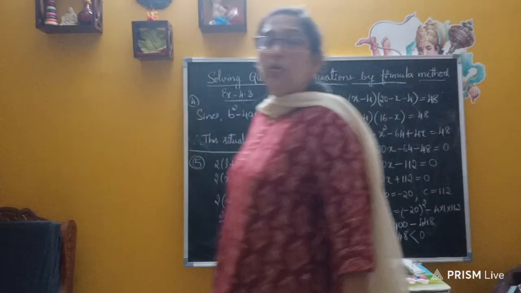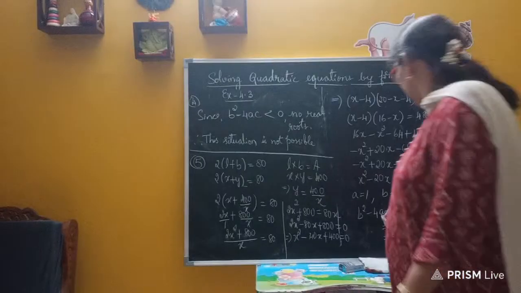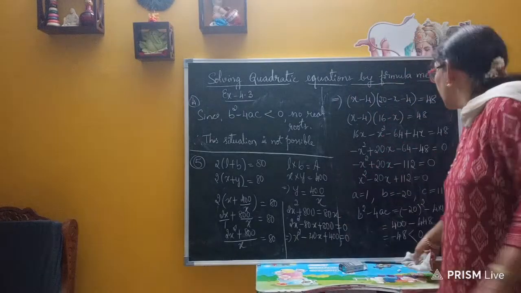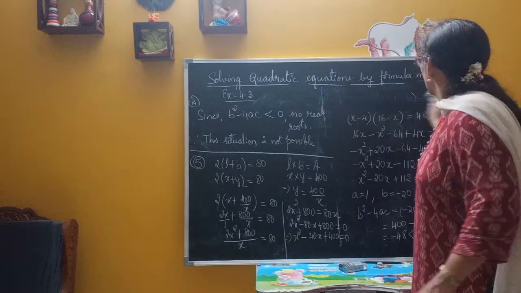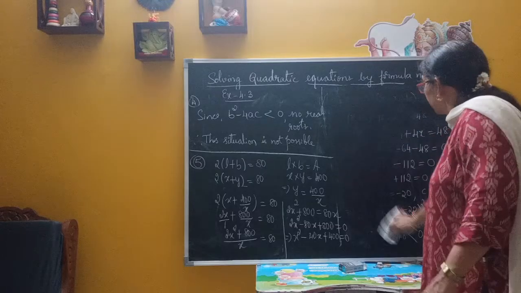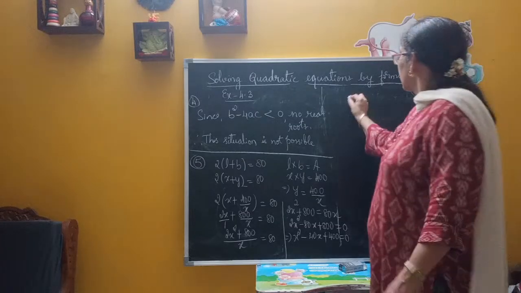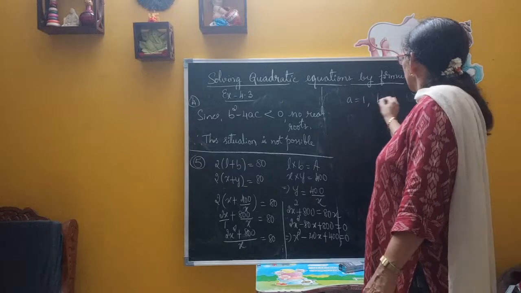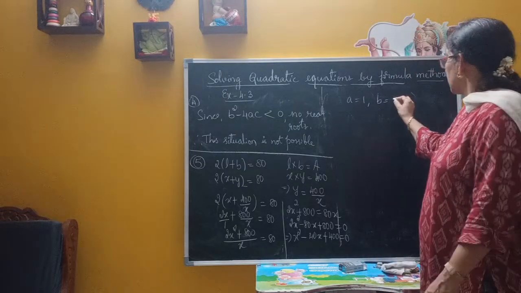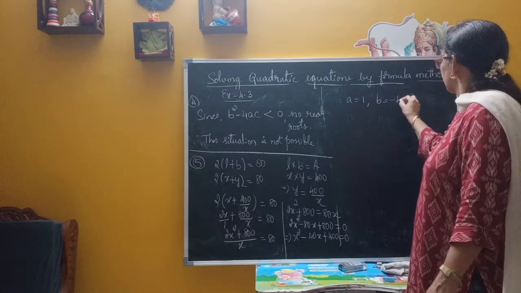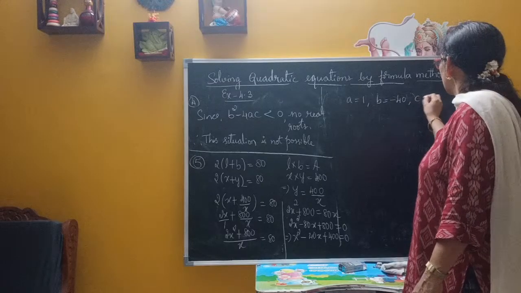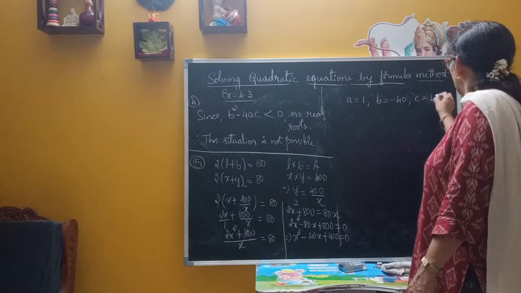So shall we do it? Just let me do. A is equal to 1, B is equal to minus 40, and C is equal to 400.